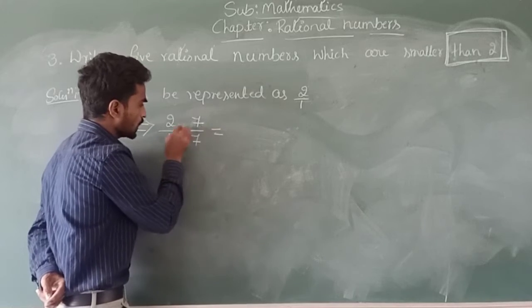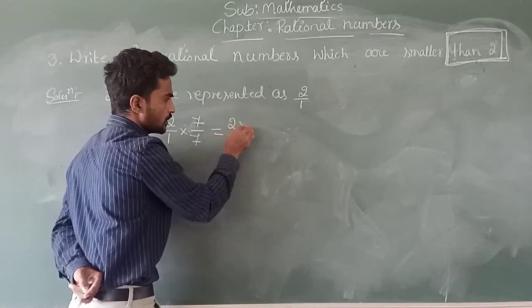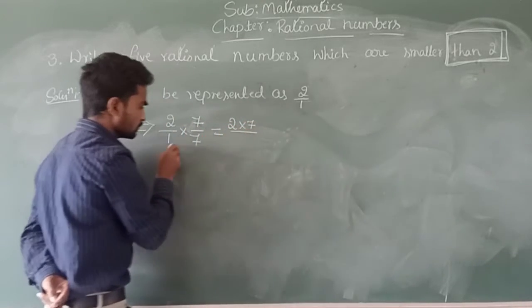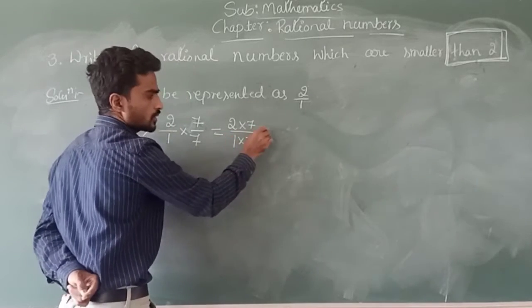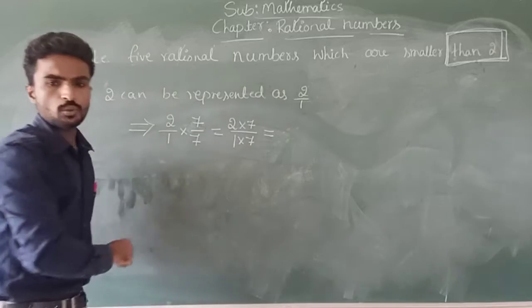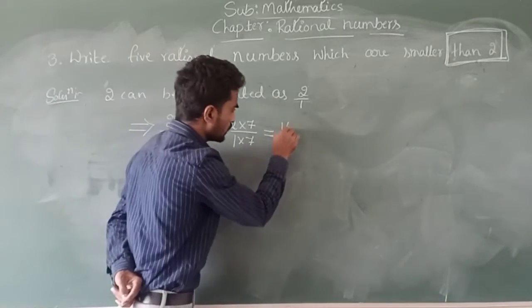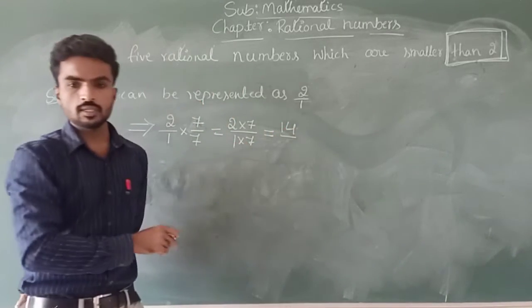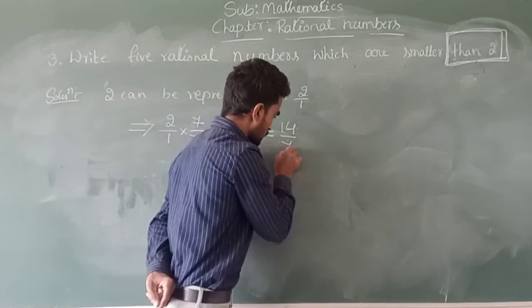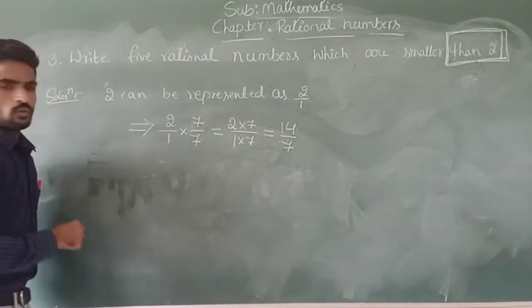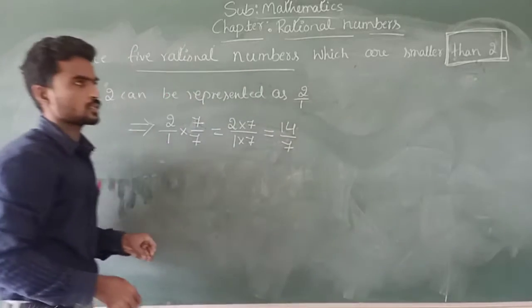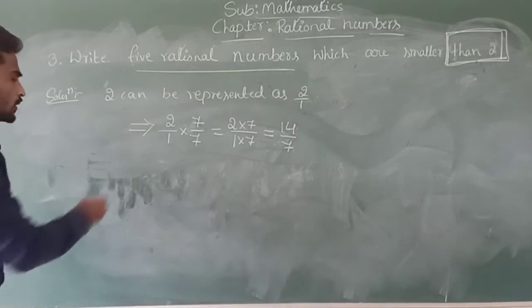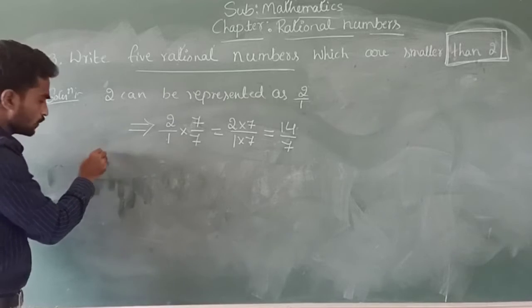That is equal to numerator into numerator, 2 into 7, and denominator into denominator, 1 into 7. That is equal to 2 into 7, 14, 1 into 7, 7. Now you can write rational numbers lesser than that number 2 by 1.